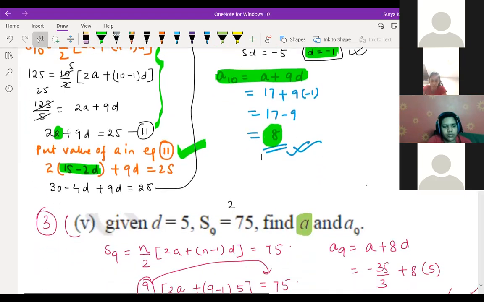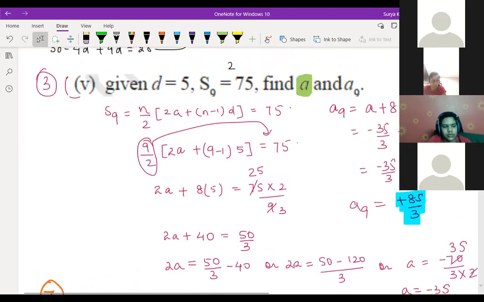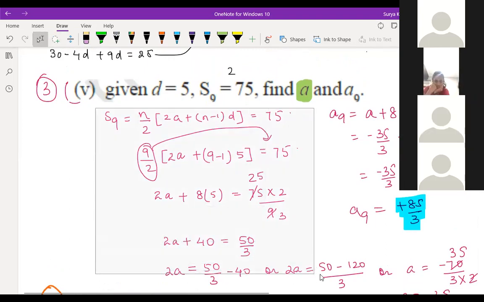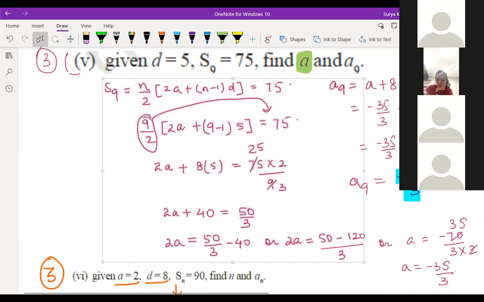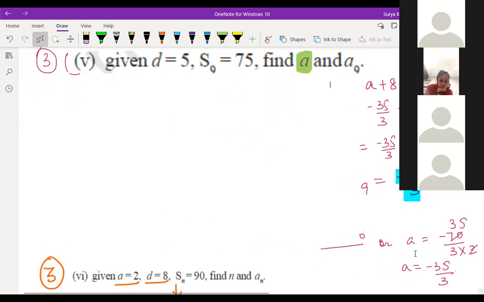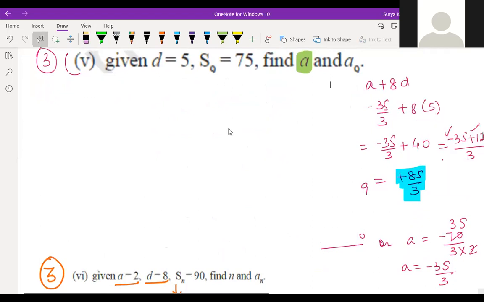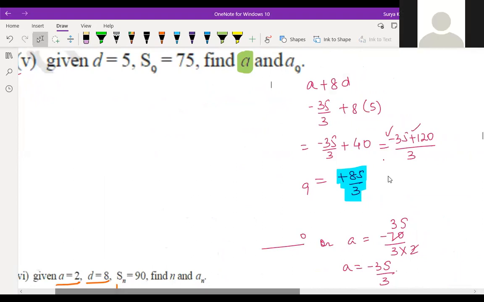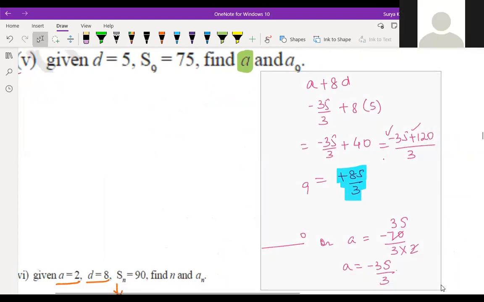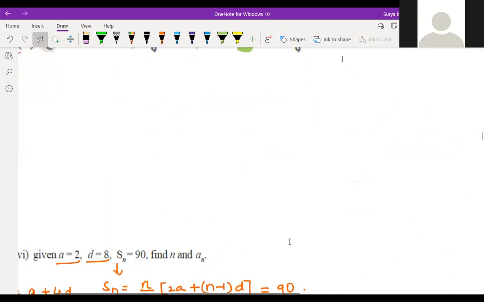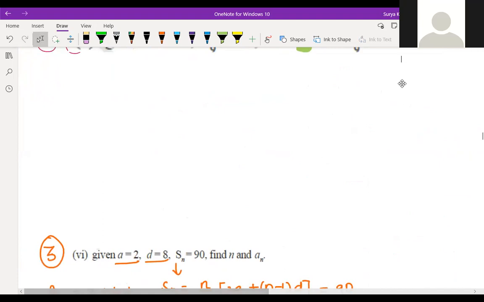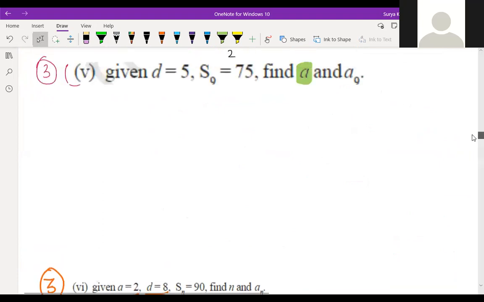Moving to the next question, question number 5. Hemant, you should answer this question number 5.